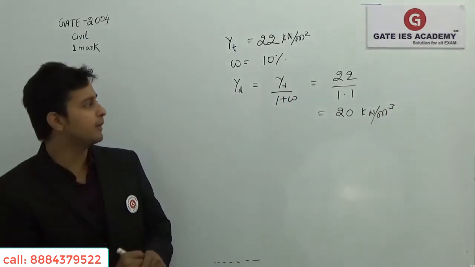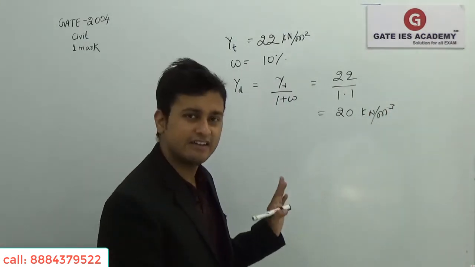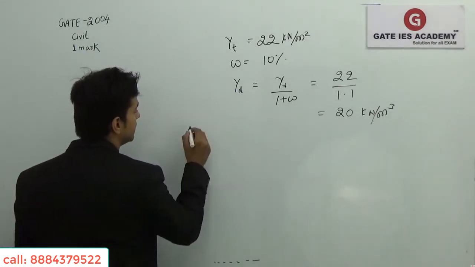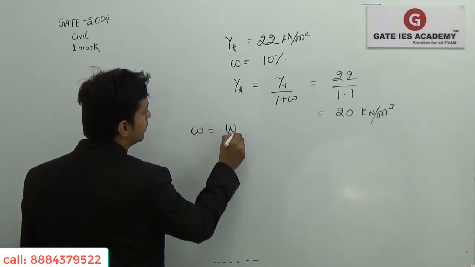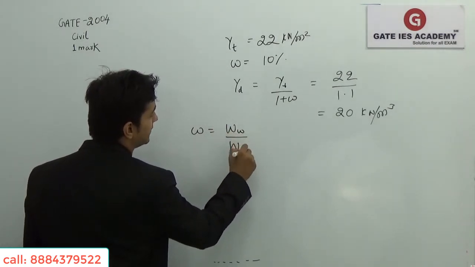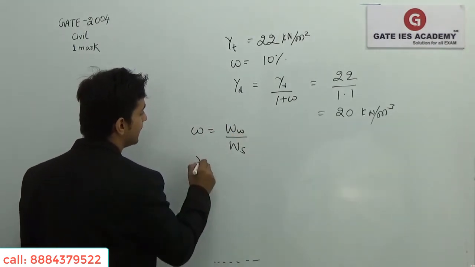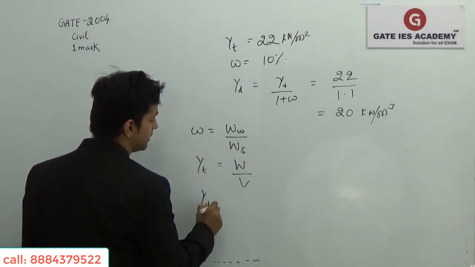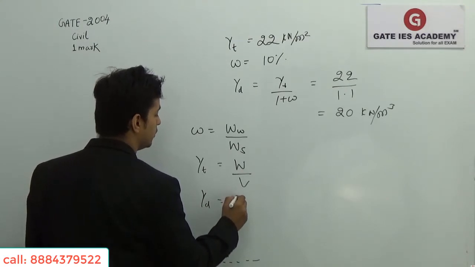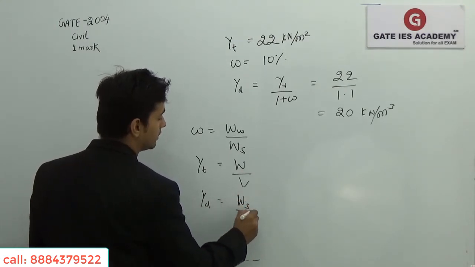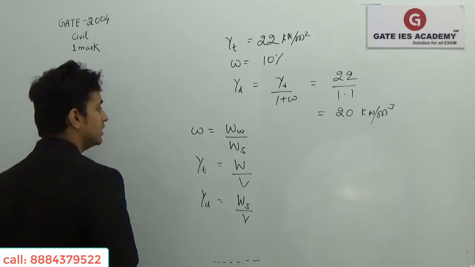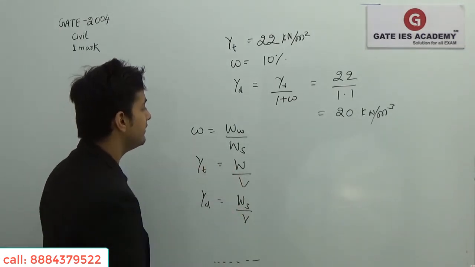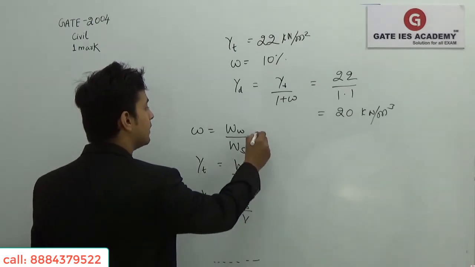Okay, so if you don't remember this formula also, I think you can very well solve it, because we know that water content is nothing but equal to Ww upon Ws, and gamma T is nothing but equal to capital W upon V, and gamma D is equal to Ws upon V. So from here we can manipulate these terms, and if we want to find out w, we'll add 1 on both sides.